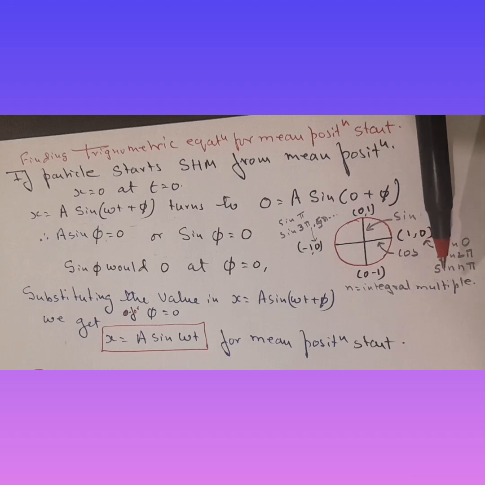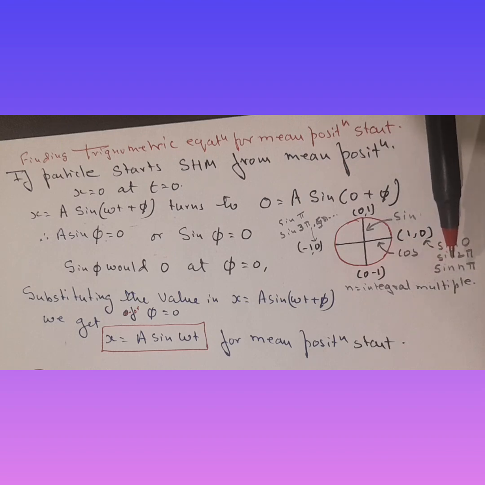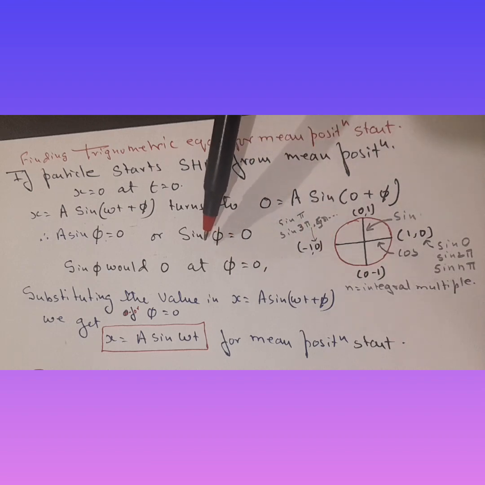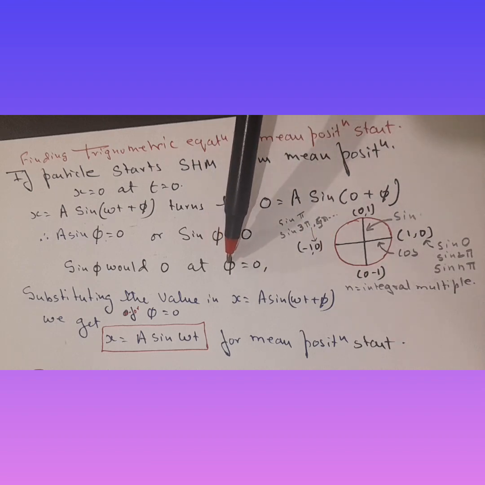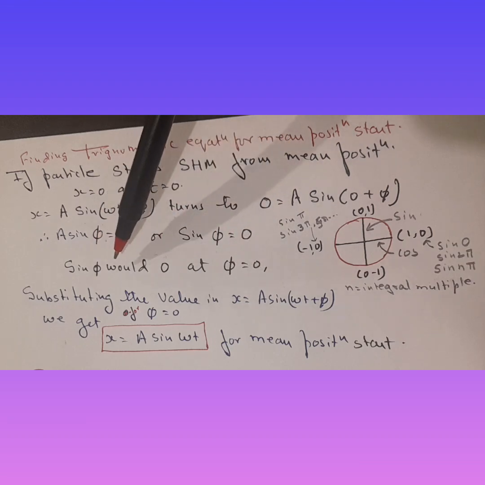So sine n pi, where n is an integral multiple, would be 0. But right now we are talking only about the starting part, so phi is equal to 0. When phi is equal to 0, sine 0 is 0.